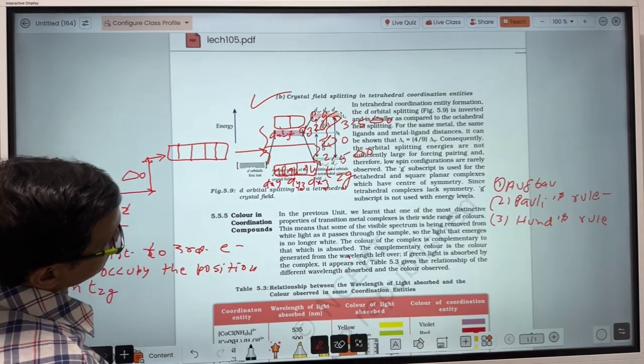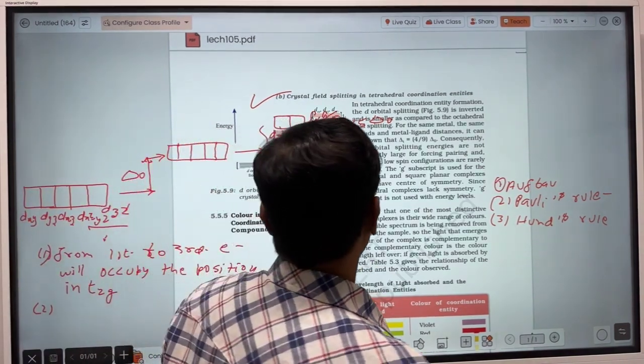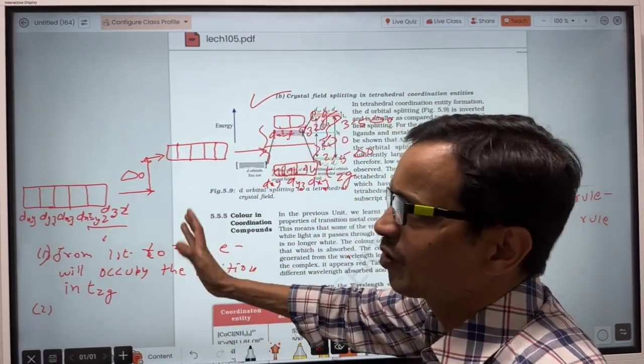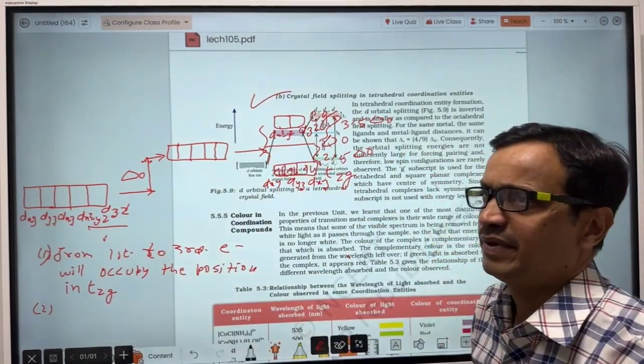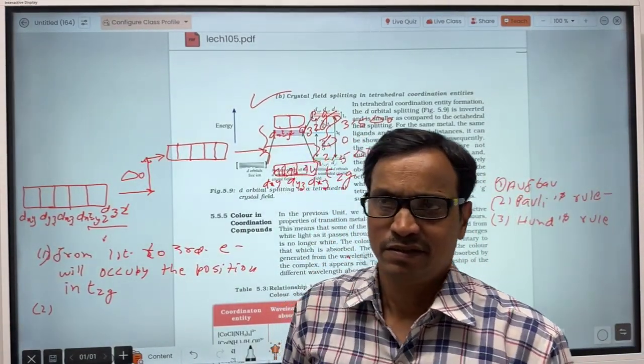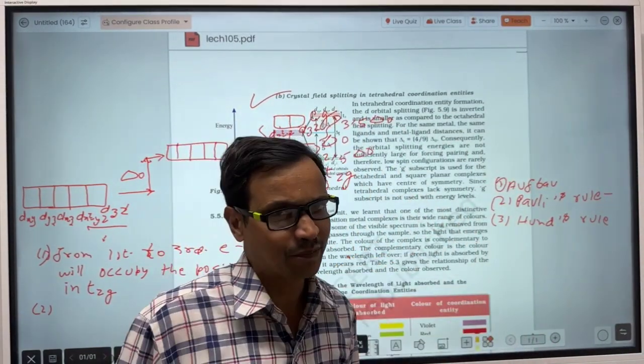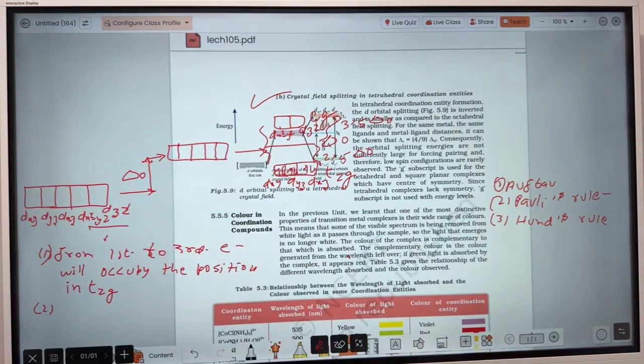That means when a strong field ligand forms a bond with the central atom, the fourth electron will occupy a position in the T2g energy level.